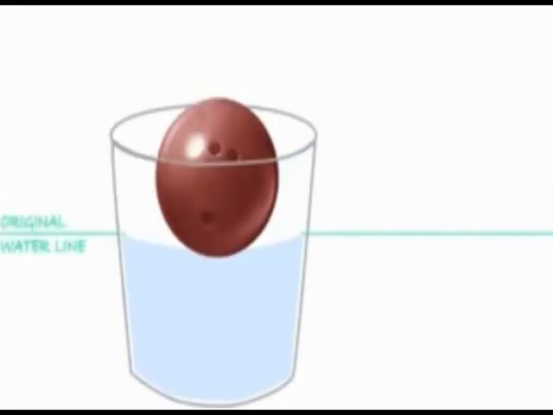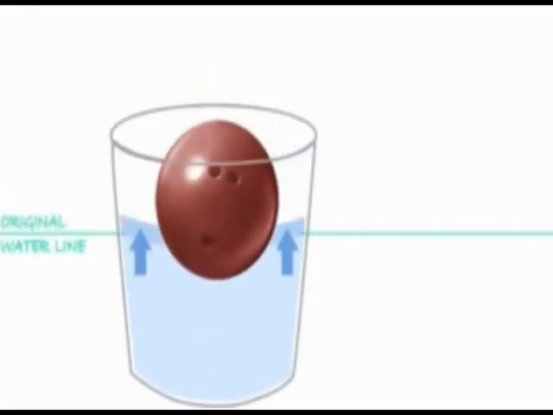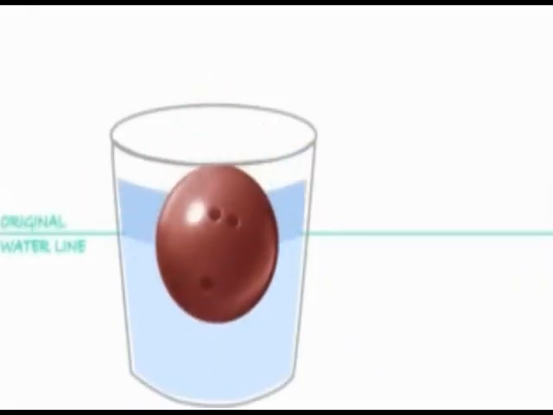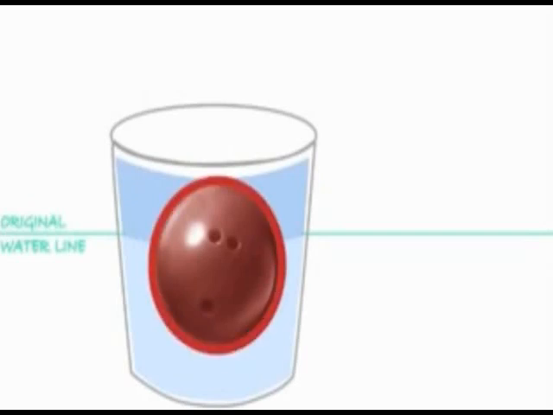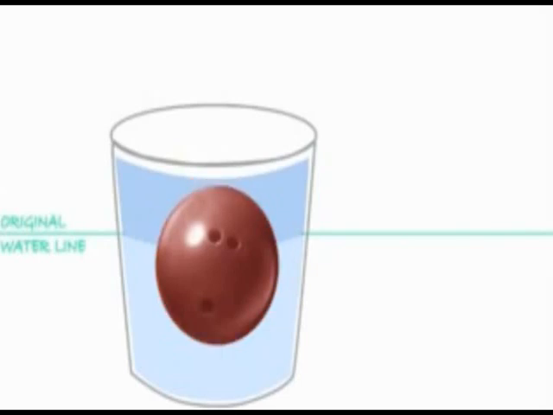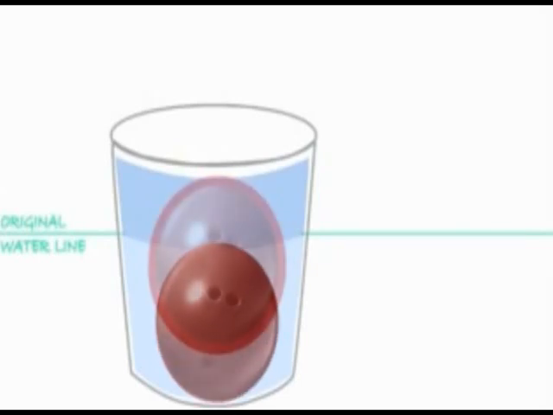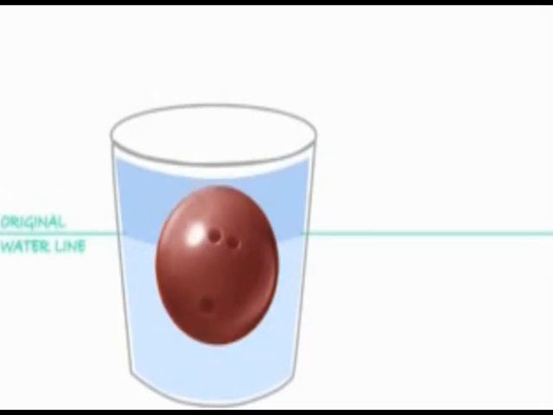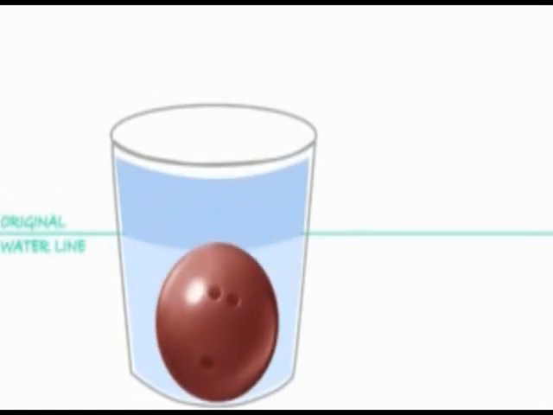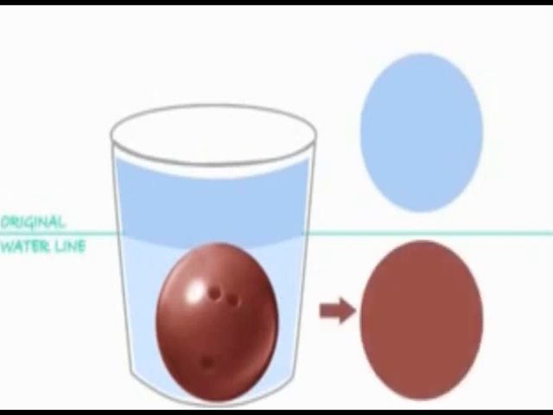So, as the ball goes down, it pushes the water up. Once the ball is completely under the water, it has all the space it needs. Then the water stops moving up. Whenever an object sinks or is completely immersed in a liquid, it displaces a liquid equal to its volume.